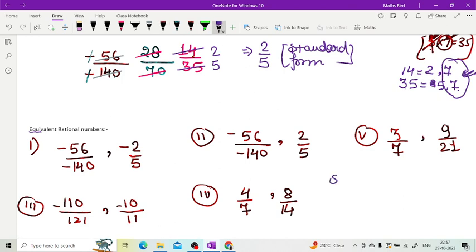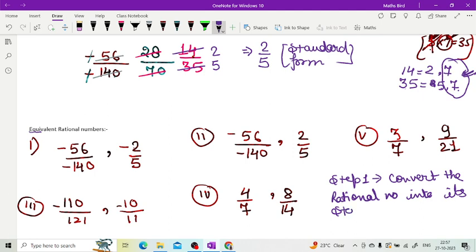I am writing the steps here. Step 1 will be: convert the rational number into its standard form. This is the first step.